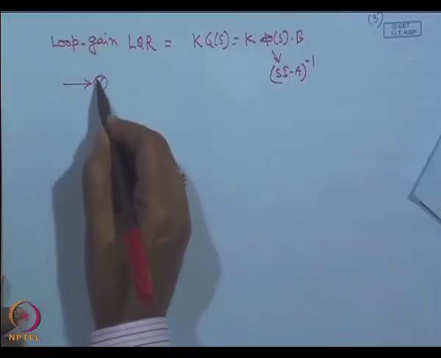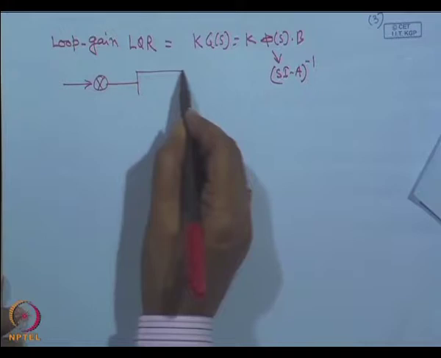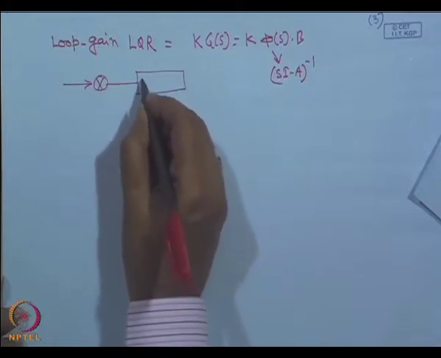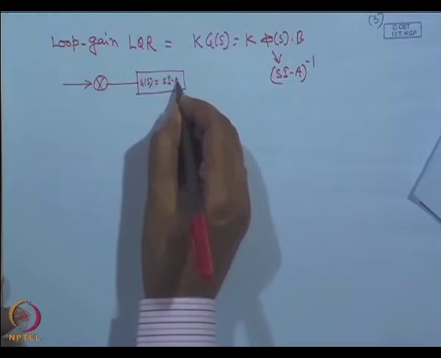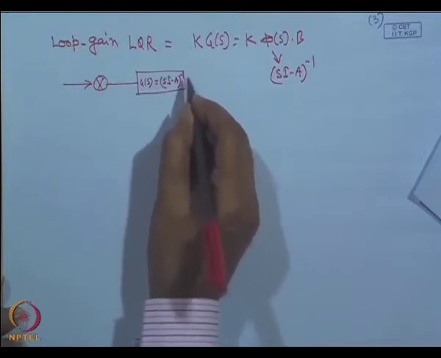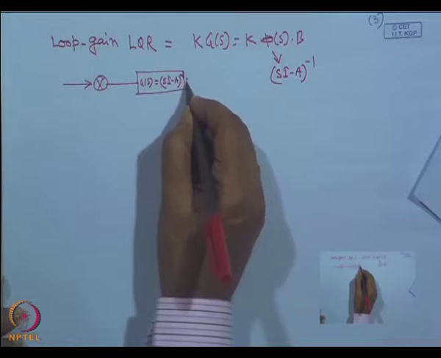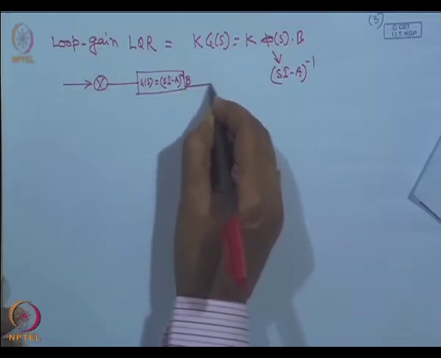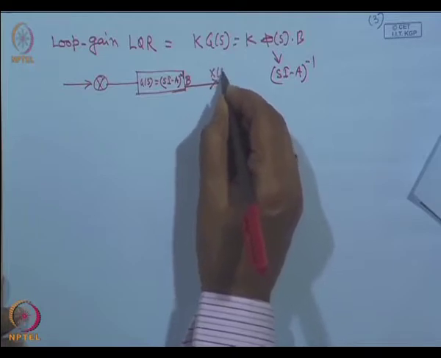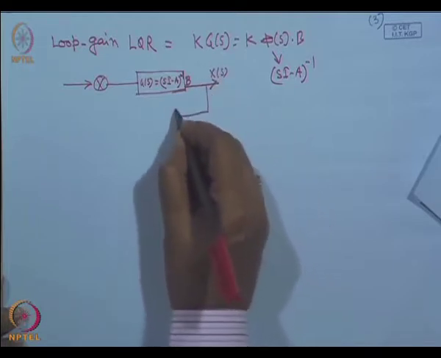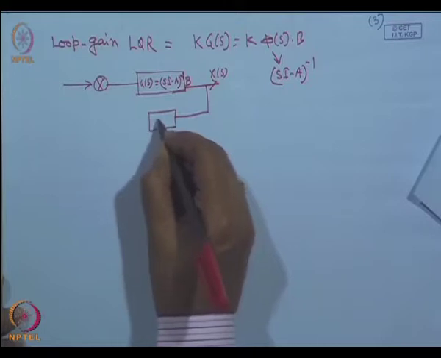So that we have seen. In other words, if you draw the block diagram of this, it looks like this: G of S, which is (sI minus A) whole inverse into B, and the output will be x of S, and the states are all measurable.